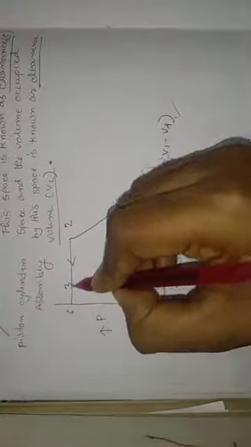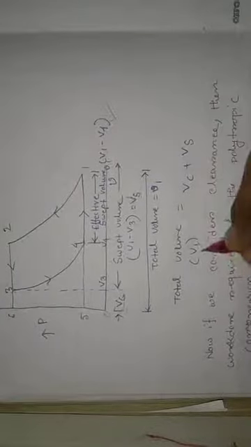Now the gap between the top dead center and the cylinder head is designated with Vc, that is the clearance volume. Point 3 corresponding to point 0 indicates your clearance volume. So the total volume V1 is nothing but the summation of swept volume plus clearance volume.